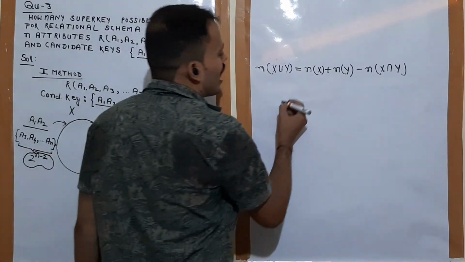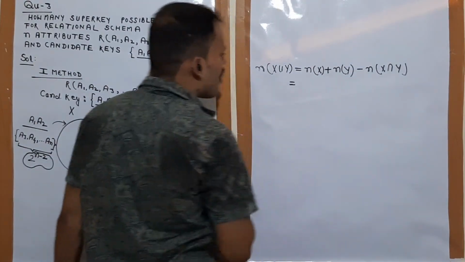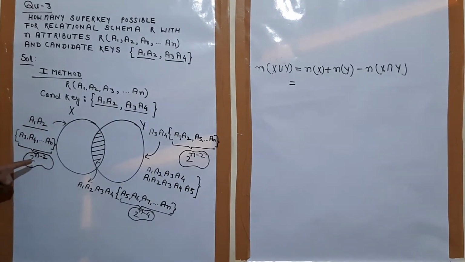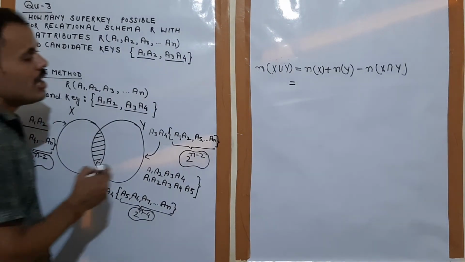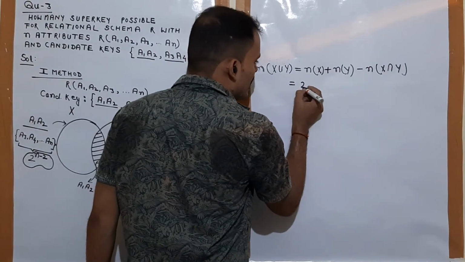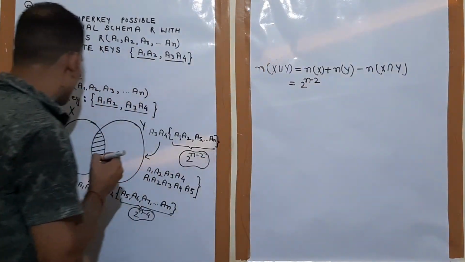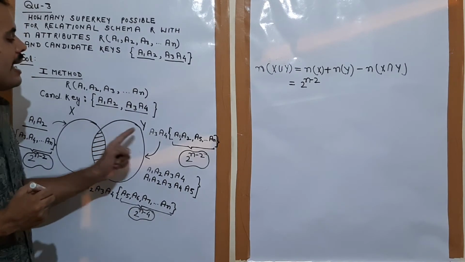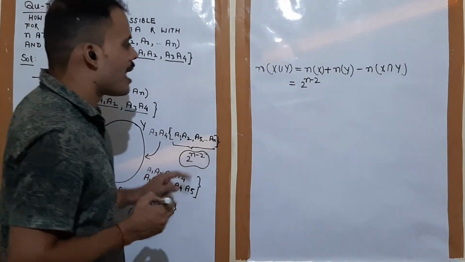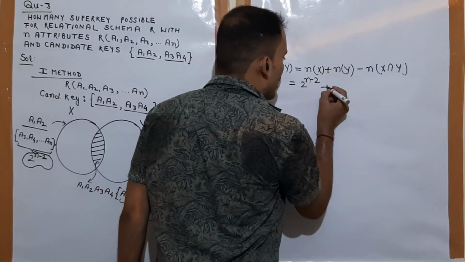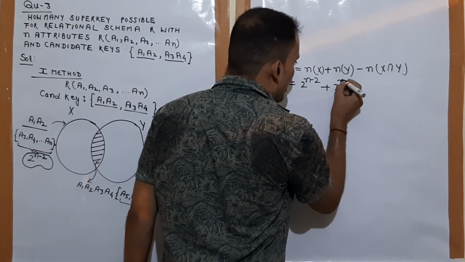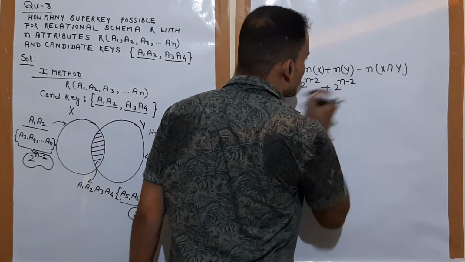See here, the number of elements in X is 2 to the power n minus 2. Now the number of elements in Y is also 2 to the power n minus 2, so plus 2 to the power n minus 2.